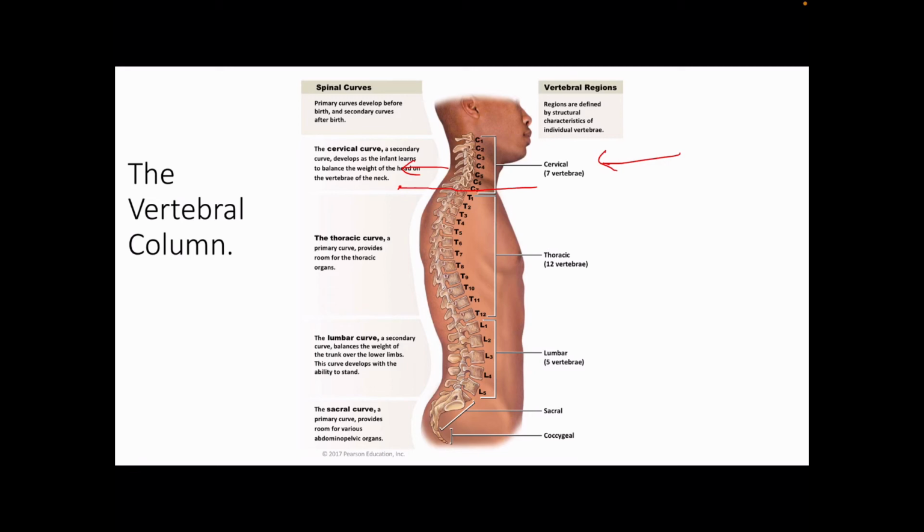The next grouping is the thoracic vertebrae. There are 12 thoracic vertebrae, right? They're right here, and they stop right under the last rib. Here's the last rib at 11, and then 12 is just one past. Thoracic means the thorax, like a bug, right?